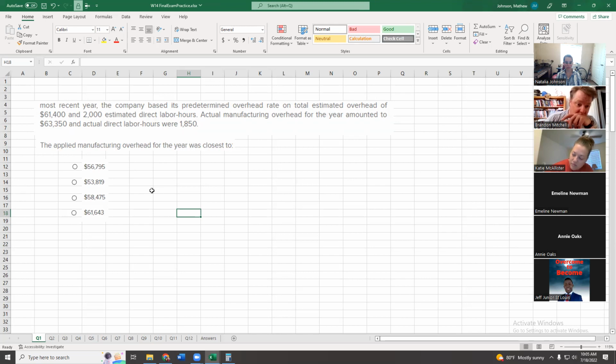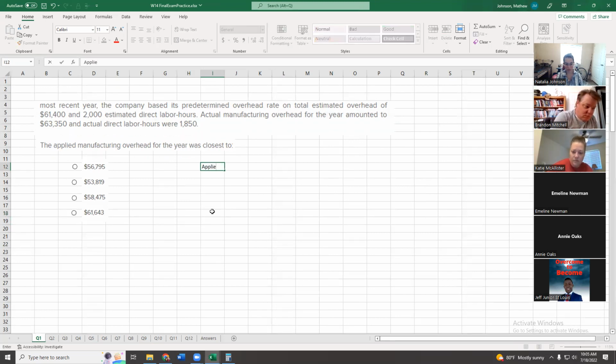So what is the applied manufacturing overhead for the year? What is the formula again for the applied? Because that's what they're asking. Actual allocation base times predetermined overhead rate.